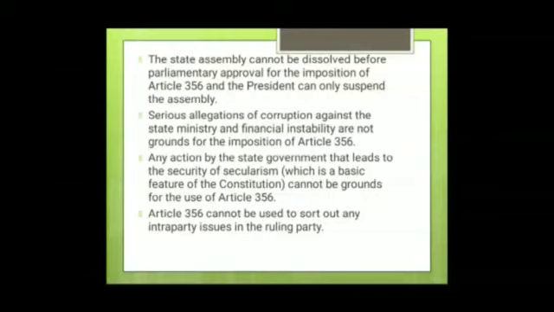right? Now if you remember, on 6th December 1992, when the Babri Masjid demolition happened in Ayodhya, there was so much unrest in the whole country.